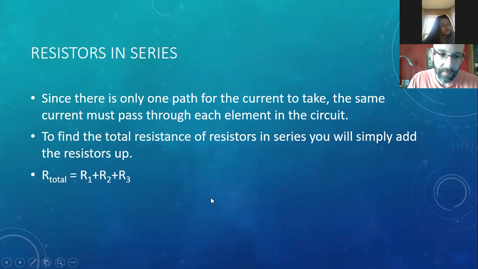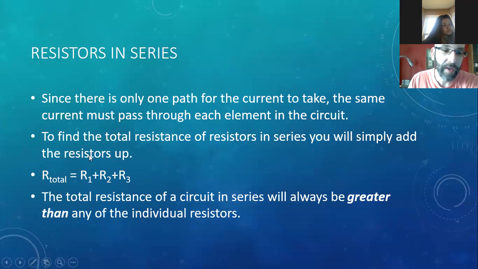One more thing: because our resistors are always whole numbers, the total resistance is always greater than the individual resistors in a series circuit. The total has to always be greater than the individual resistors in a series circuit, no exceptions to that rule.